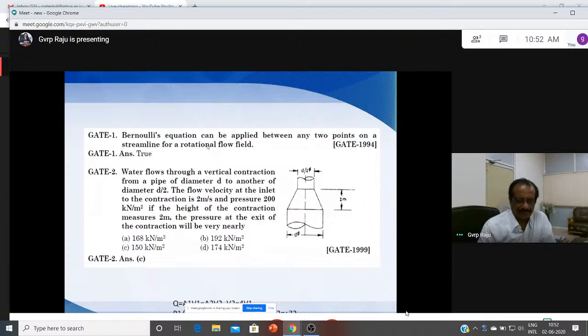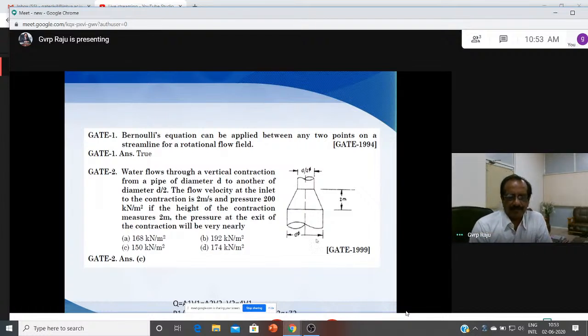The second problem: water flows through a vertical contraction from a pipe of diameter D. On one side the diameter is D, on the other side the diameter is D by 2.